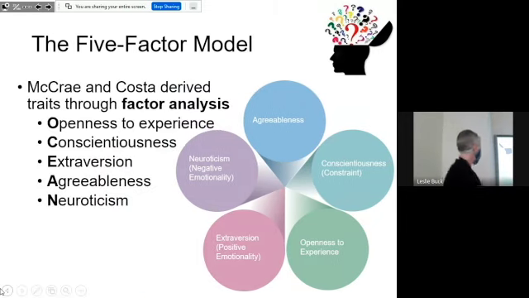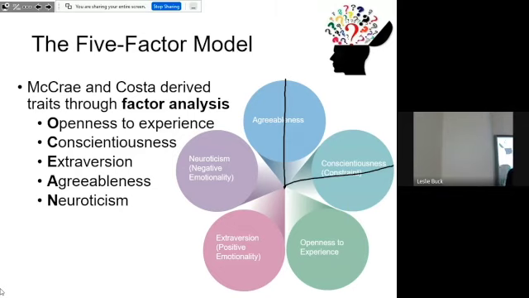Okay. Your test result is essentially telling you you have some level of every single one of these traits. Your results are going to tell you, are you kind of in the middle? Are you low? Are you high? But everybody has some degree of each one of these traits.